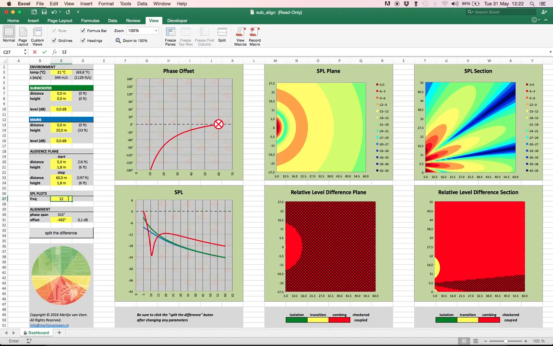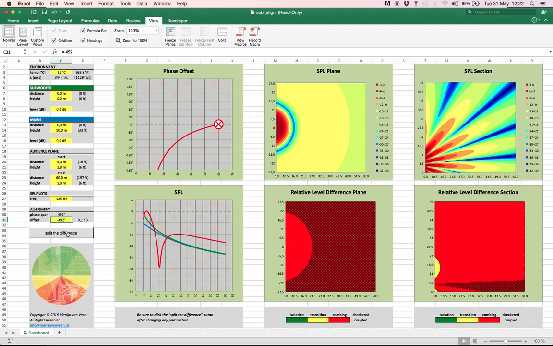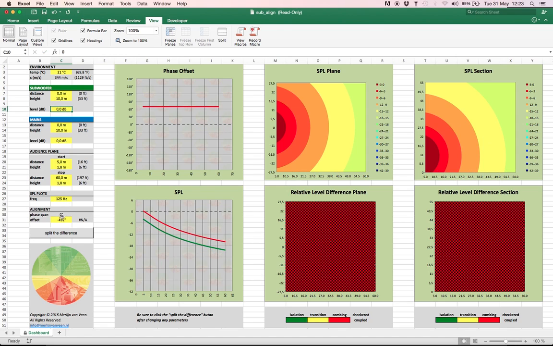And to bring the point home, if we go back to our 1/3 octave up of the intended crossover frequency, if I co-locate the subwoofers with the main speaker and put them also at a 10-meter height, then there is no longer a phase span.